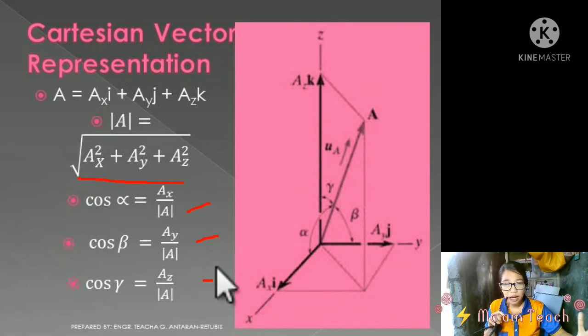Now, what if you are asked what is the value of the unit vector? What is the unit vector, or the direction itself of the vector?